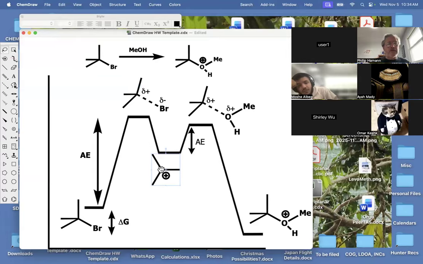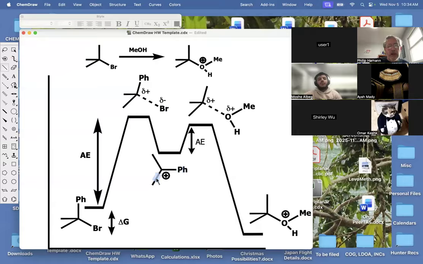And so if you have an intermediate that would make a better carbocation, that will be seen in the rate of the reaction. Just to put that to an example, if I put a phenyl group here, and now this has a phenyl group.